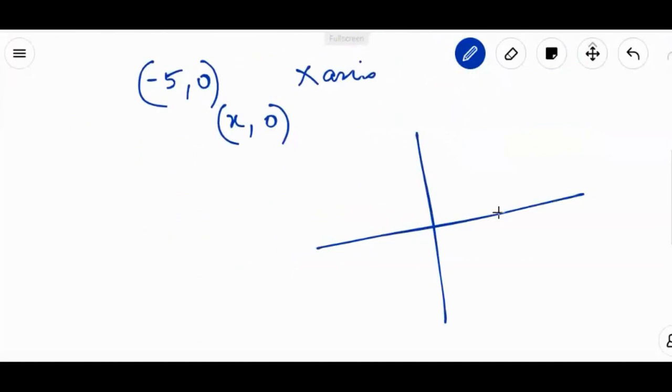X is 4, which means somewhere here. This is 4, and minus 6 means we go down. Suppose I get somewhere here. So this point will be 4 comma minus 6.